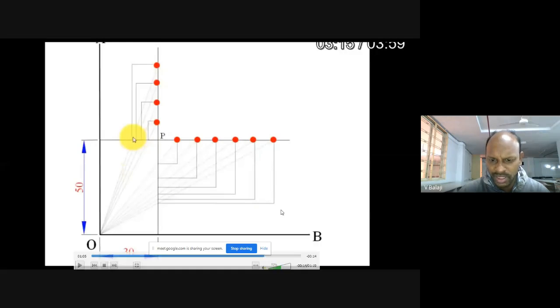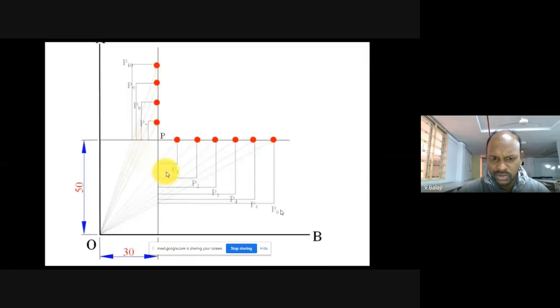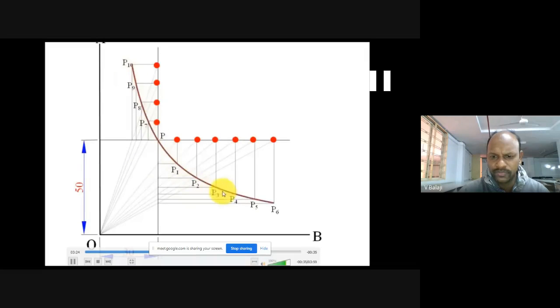That is also a good habit. Note down all those points, and then use your HB pencil to draw one smooth curve through them. This I am calling a rectangular hyperbola.